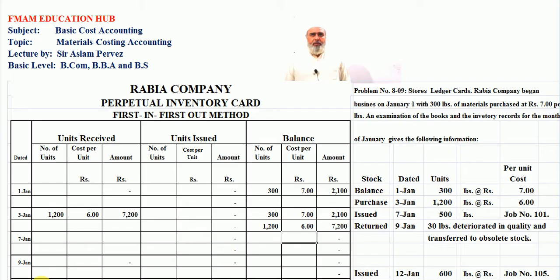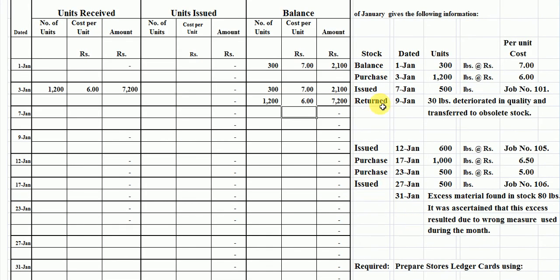In our problem, we are using this method, the first in first out method. Students, now the third entry is on 7th Jan, 500 pounds of materials are issued to production. The job number is 101. Students, you are looking at our first purchase as opening balance, 300 pounds.